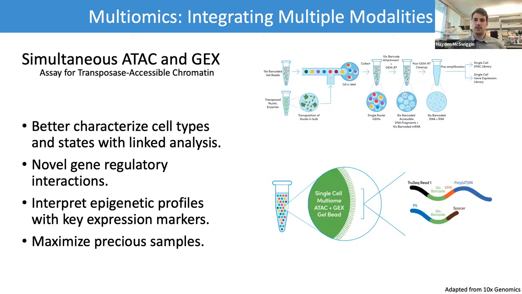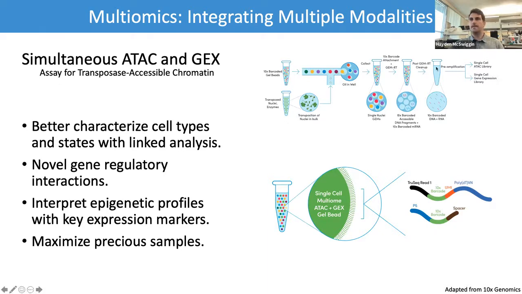So being able to analyze these epigenetic factors and gene expression in the same cell at the same time can be very powerful. This is the first iteration from 10x Genomics on this multi-omic approach. And using this method, you can look at open chromatin regions and link that data back to gene expression data to get a better understanding of the gene regulation in individual cell types.